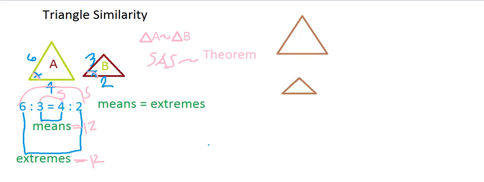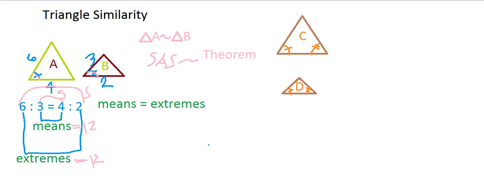This is triangle C, while here this is triangle D. Say for example, the angle here of triangle C and triangle D, they are congruent, while the other angles of these two triangles, like this one, they are also congruent.